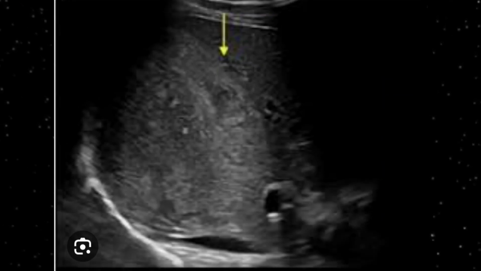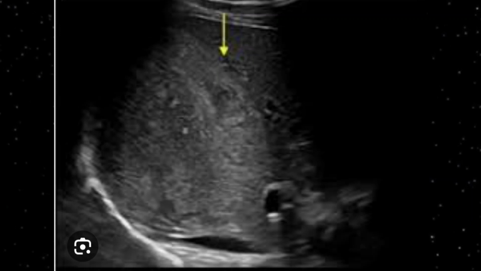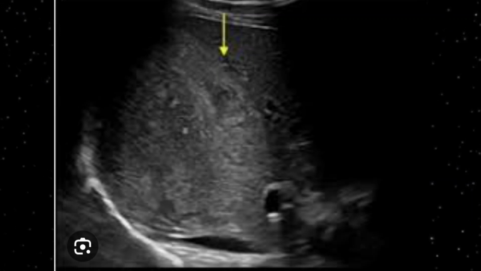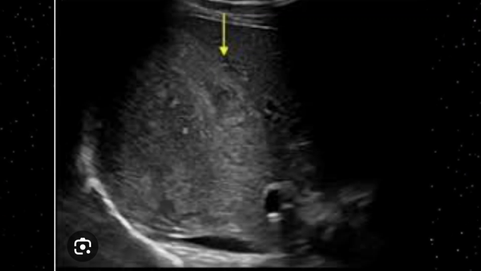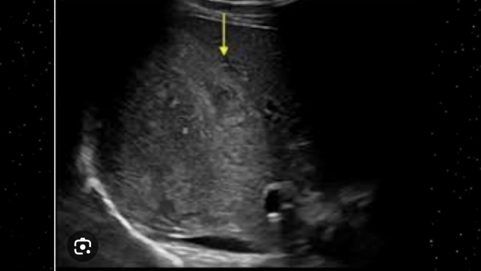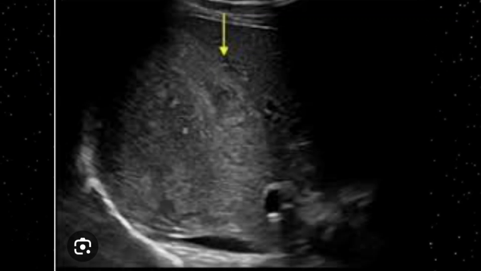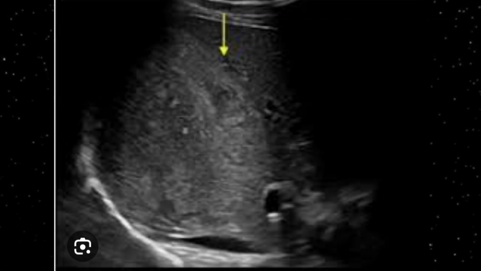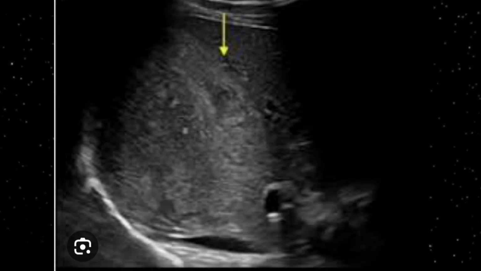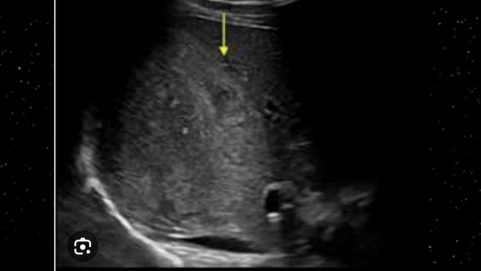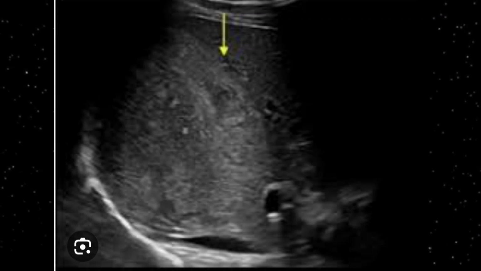Ultrasound imaging is more useful for follow-up rather than for diagnosis. This is an ultrasound image, a transabdominal ultrasound performed on a patient having a blunt trauma. This yellow arrow indicates an echogenic area suggestive of hemorrhage, but beside it a small patchy area can also be seen, which suggests laceration.